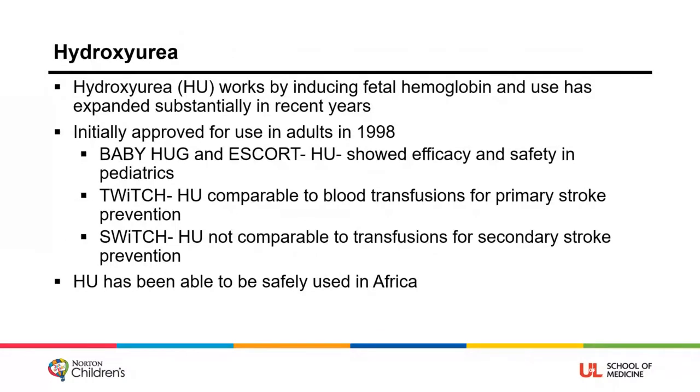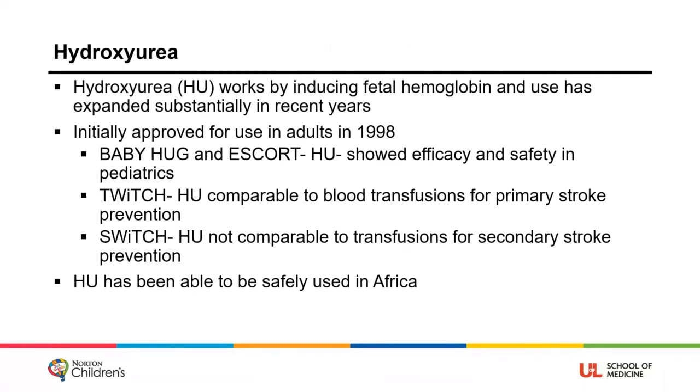Evidence supporting the use of hydroxyurea in children came from the Baby HUG and the European Sickle Cell Disease Cohort Hydroxyurea study. In the placebo-controlled Baby HUG trial, hydroxyurea was associated with a statistically significant reduction in the rates of initial and recurrent episodes of pain, dactylitis, acute chest syndrome, and hospitalization.